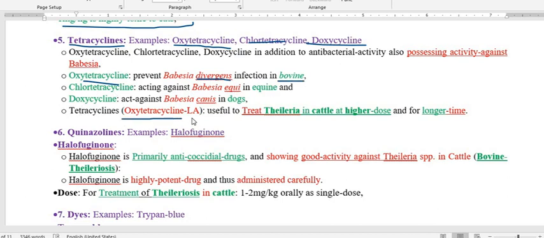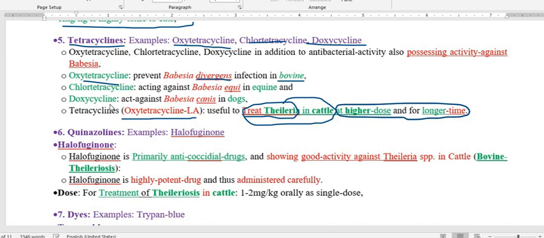Oxytetracycline is used for the treatment of Babesia, particularly Babesia divergens in bovine, and long-acting oxytetracycline is used to treat Theileria also. But for Theileria in cattle we have to use this drug for a longer time interval as well as at a higher dose.